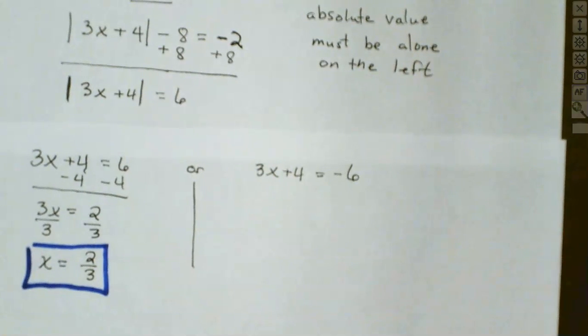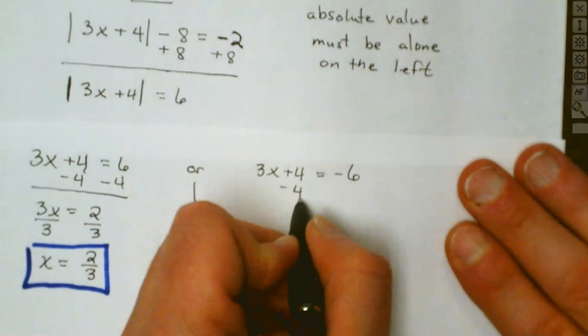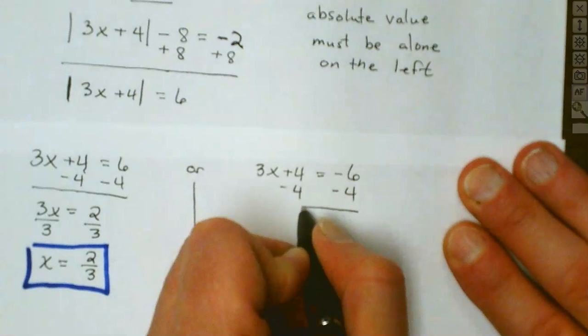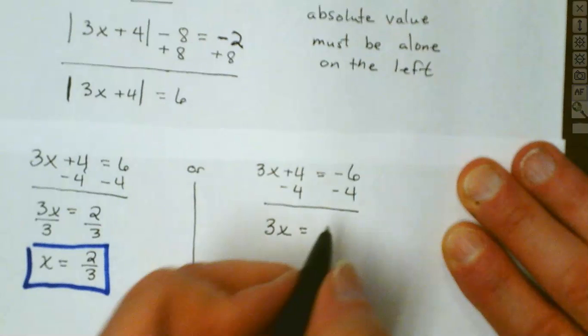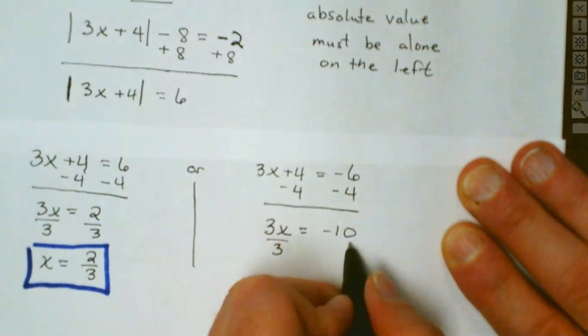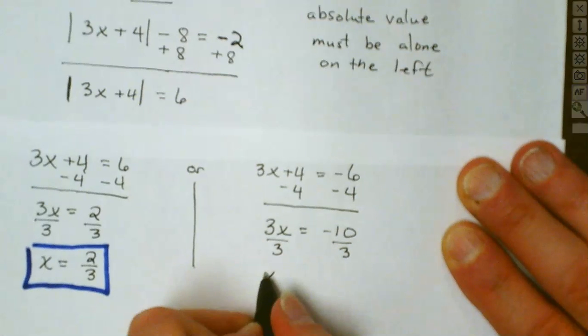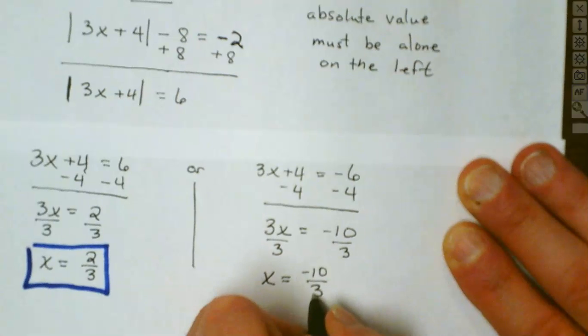We repeat the process to get the other one. So move that 4 over. Then we've got 3x equals a negative 10. We'll divide by our 3. And so x now equals a negative 10 over 3.